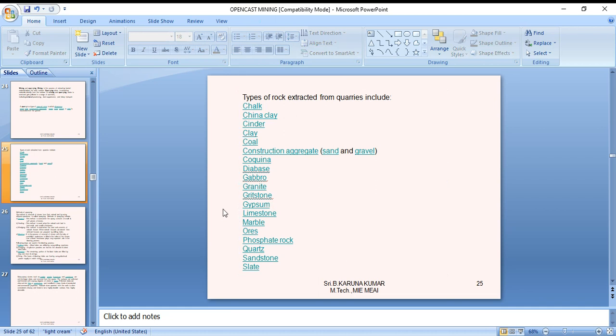This is one of the important materials used for building purposes. Gypsum and limestone, marble, other ores, phosphate rock, and quartz are also part of it. Most popularly for the cement industry, sandstone and also slates are used. These are almost all the popular materials known as quarries.